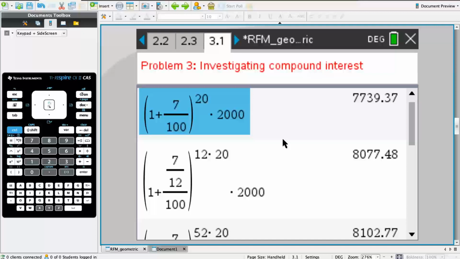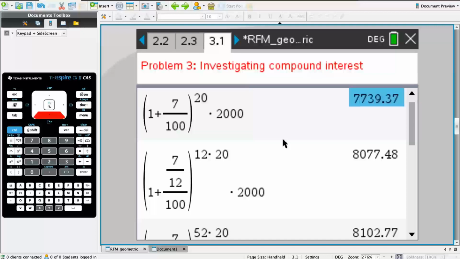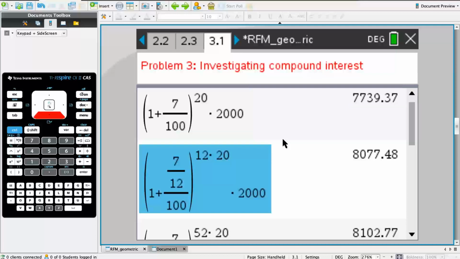However, as we know, sometimes the compounding is not annual, it's monthly. And so the next calculation shows that even though the multiplier previously was 1.07, or 1 plus 7 over 100, that won't be true if you are compounding monthly. You have to divide the 7 by 12 to work out what the compounding multiplier will be on a month basis.